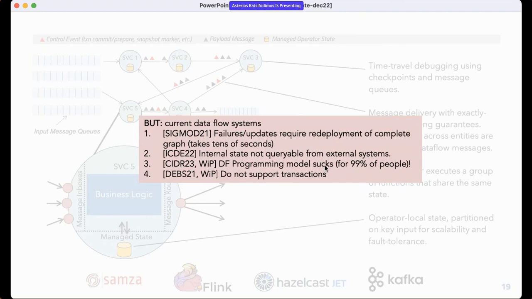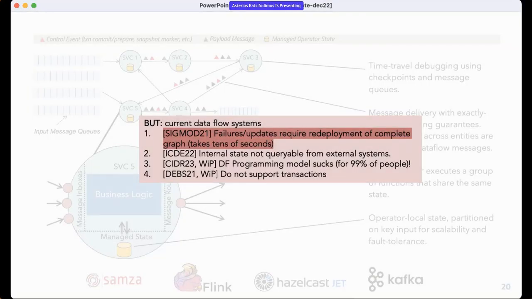We may love functional programming. We may love Dataflow programming, but for 99% of the people, this is not what they want to spend their days doing. They want to write normal imperative code. And finally, stream processors nowadays do not support transactions. So let's tackle the first issue first.